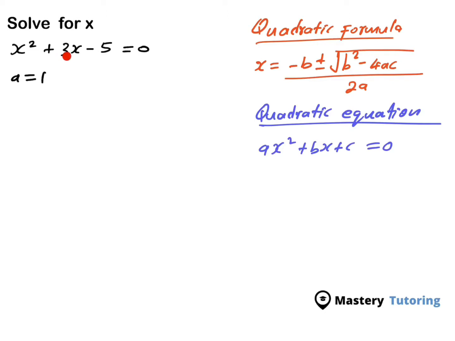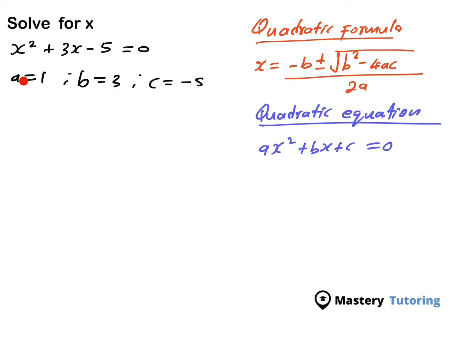Here we can see that the coefficient of x is 3. Therefore, b equals 3. And lastly, c is a constant standing on its own. When we come back to this quadratic equation, we can see that c is going to be minus 5, because this one is negative, you have to take it with its sign. So now c is minus 5.